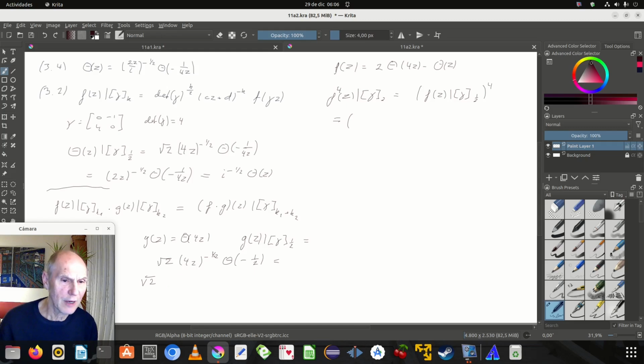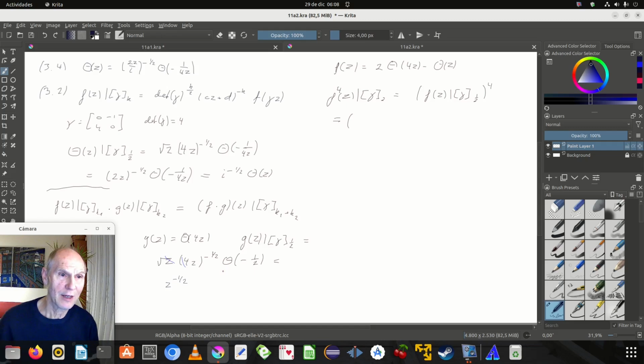This gives 1 divided by square root. One thing. So z gets substituted with z divided by 4. So this is just z. No, not in that formula. My God. So this is divided by square root 2. So they cancel. Z to minus 1/2.